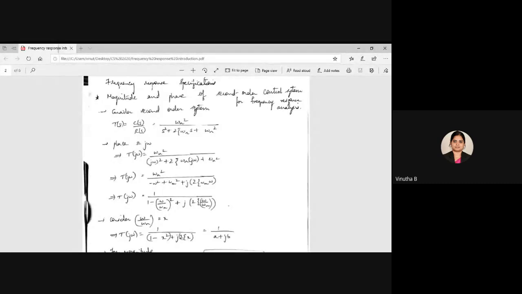The transfer function T of s is equal to C of s by R of s, which is equal to omega n square by s square plus 2 zeta omega n into s plus omega n square. So this was the equation which we had derived when we studied about the second order control system. So just straight away write down that expression. Why is this second order? Because s is having a maximum power of 2. So this is a second order control system.